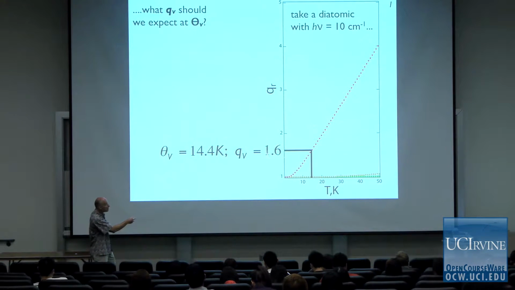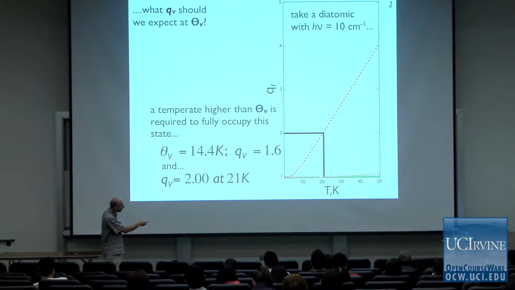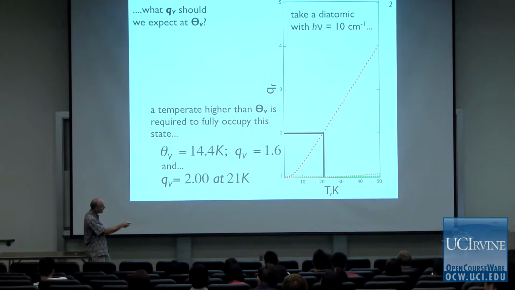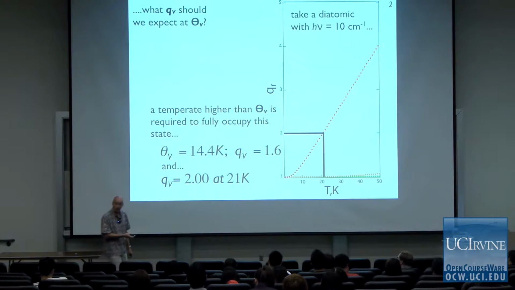If we want that to be 2, indicating that that first excited state is fully accessible to the system, we have to go all the way up to 21 degrees Kelvin. There's 2. If I follow that down, that turns out to be 21 degrees Kelvin. So I have to go to a temperature that's about 30% higher than the characteristic vibrational temperature to get full occupation of that state.